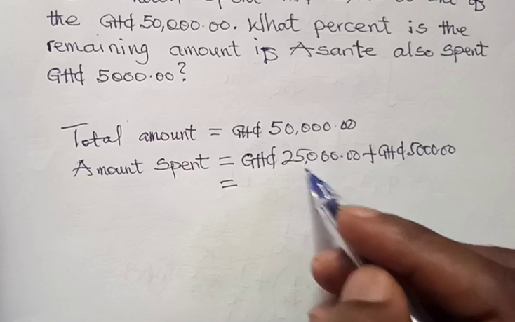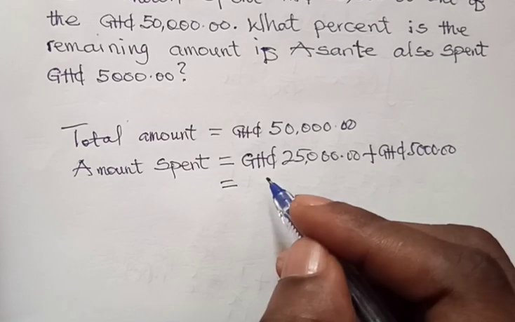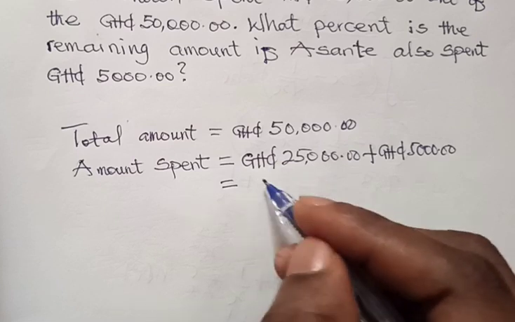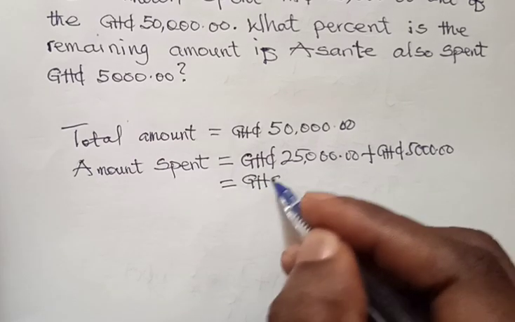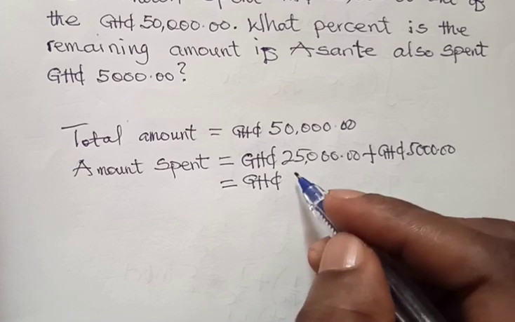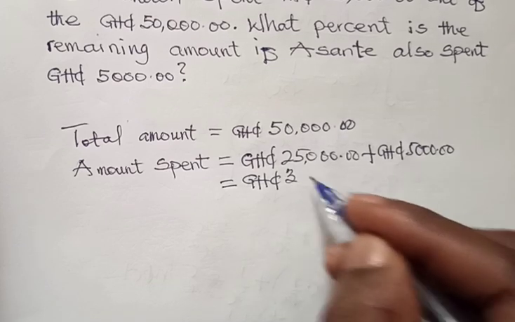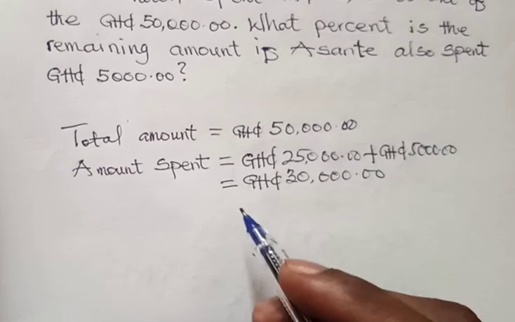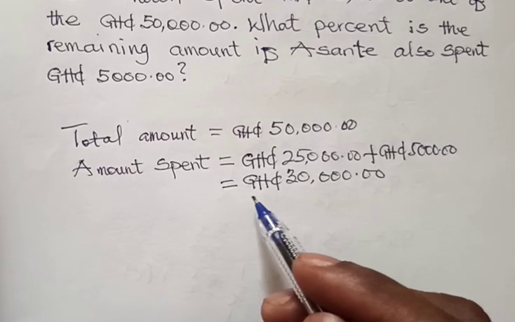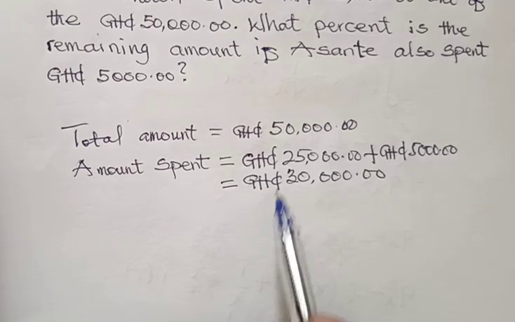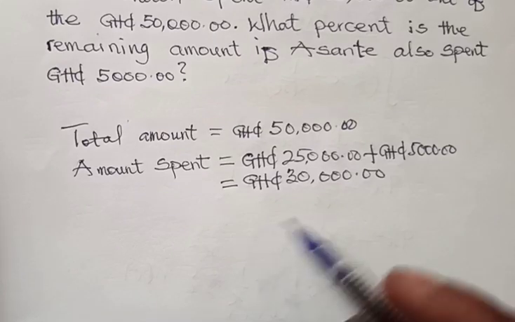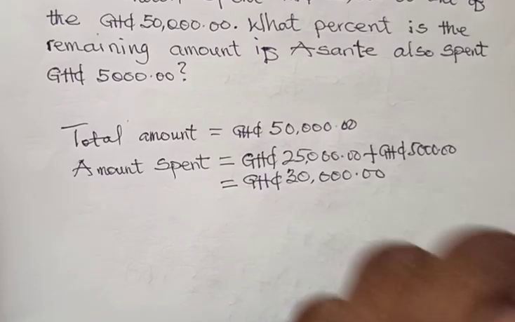So 25,000 plus 5,000. How much are you going to get? I think 3,000 or 30,000. Yes, we get 30,000. All right, we get 30,000 Ghana cedis. So the amount spent is what? 30,000 Ghana cedis.